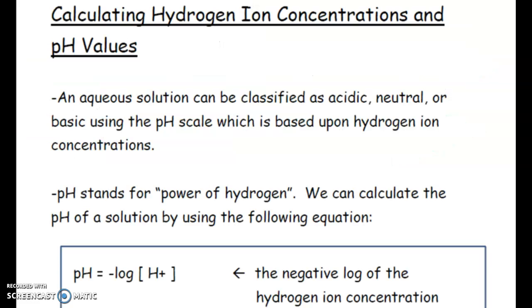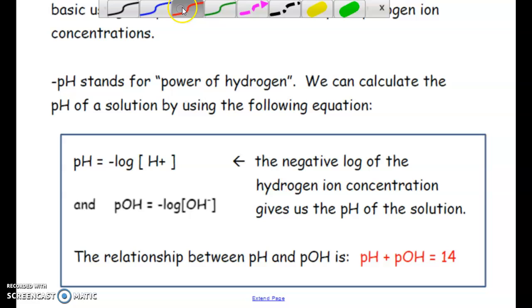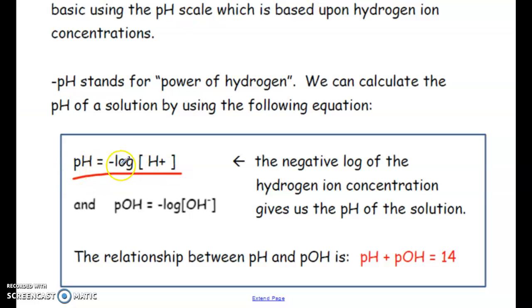Okay, so let's take a look at calculating hydrogen ion concentrations or calculating pH values depending on what we're looking for. So we already know that we can have acid, base, or neutral. So let's look at our formula. So here you have pH is equal to the negative log of the hydrogen ion concentration.